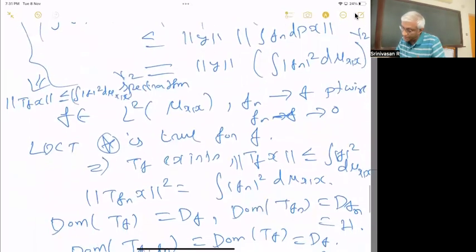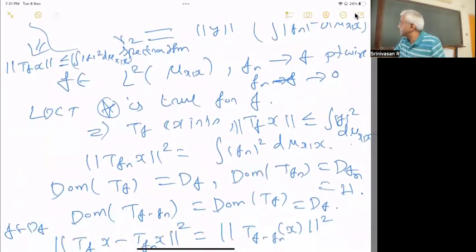I have written it here. This is less than this, which follows from this inequality, right? It is defined as a linear functional, and a linear functional is bounded. It is bounded by this. I want to say the norm is attained. That's what I want to say.